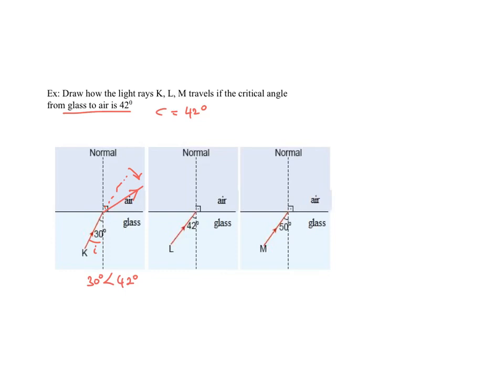Now in the second one, this angle is equal to the critical angle, so it will refract along the boundary. This angle is bigger than the critical angle, so it will be reflected back, making total internal reflection with an angle of 50 degrees.